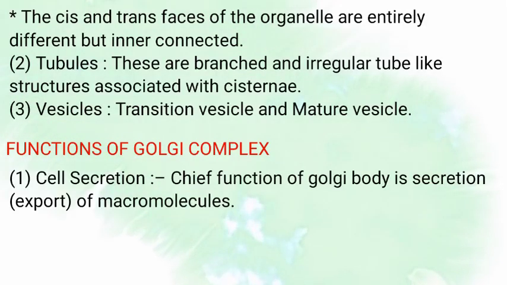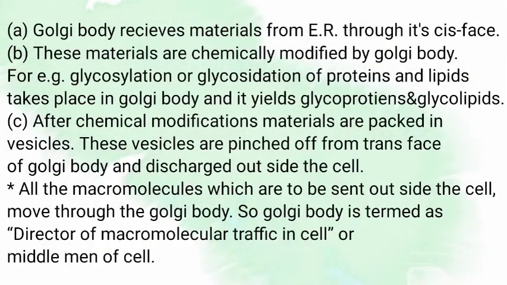The chief function of Golgi complex is secretion or exportation of macromolecules. Golgi body receives materials from endoplasmic reticulum through its cis phase. These materials are chemically modified by Golgi body.